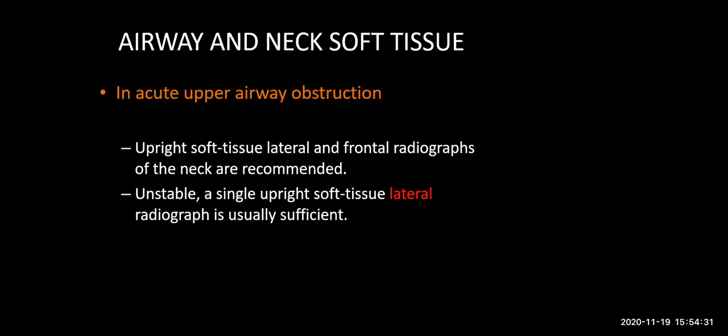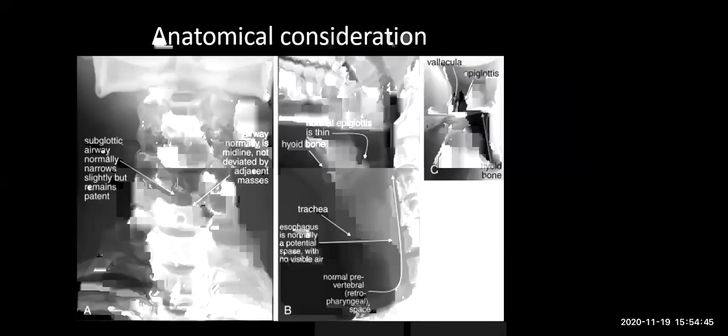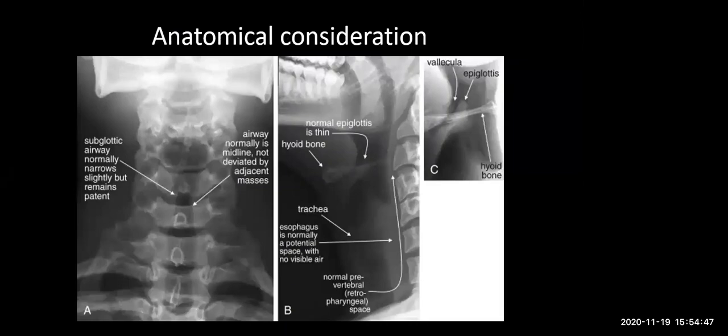So we need two images, lateral and frontal, but for unstable pediatric patients or irritable babies, the lateral radiograph is usually sufficient.